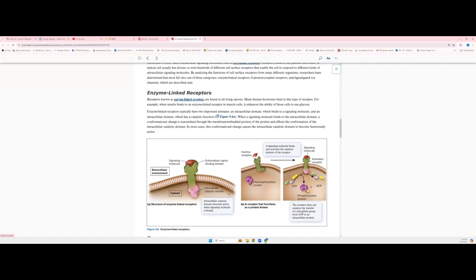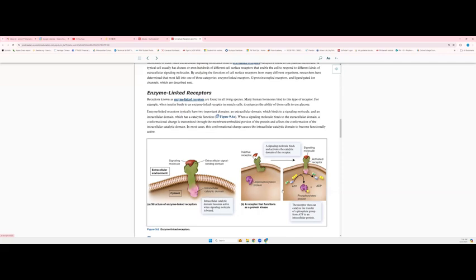Before it was like this, now it's like this. Because the conformation changed, the receptor can catalyze some kind of reaction, for example, a reaction of proteins.